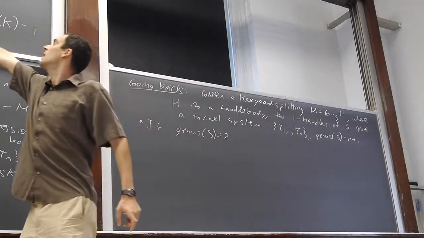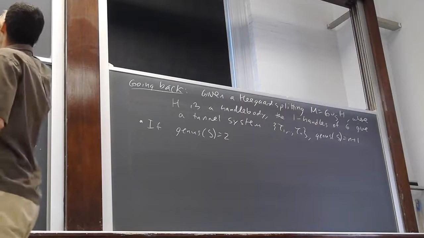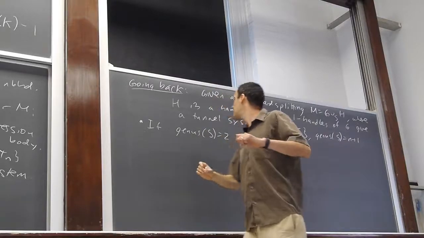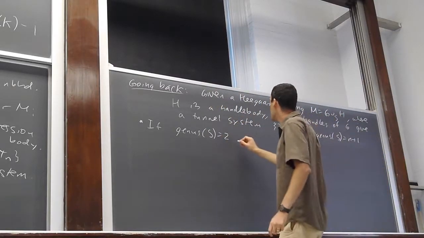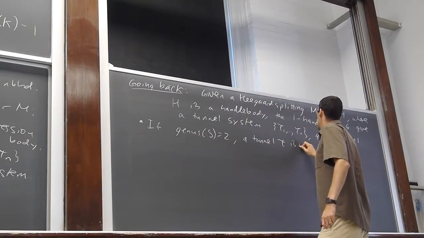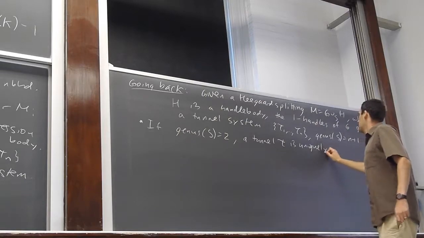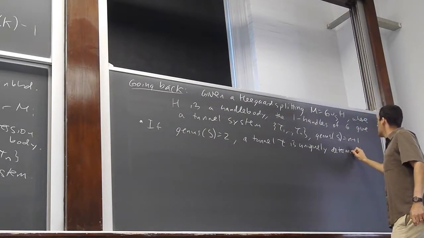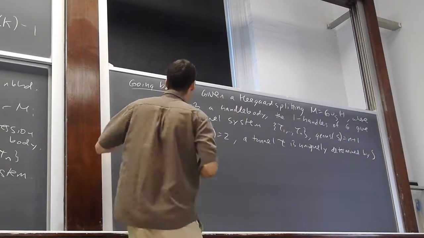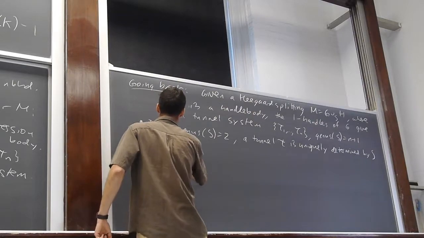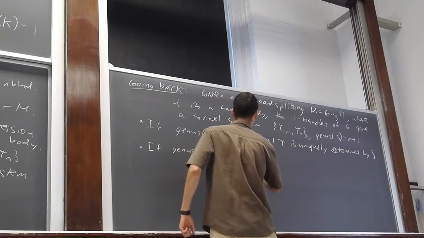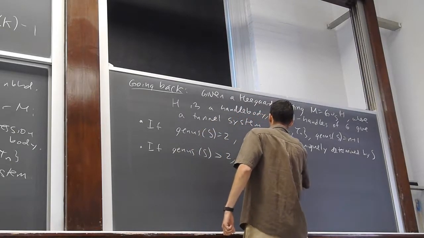You can see that even in these examples, if you take a single tunnel, then you'll get a genus 2 surface. It comes from a figure 8 graph. So if the genus is 2, a tunnel tau is uniquely determined by S. And if the genus is greater than 2, then it's not quite unique in the tunnel system.